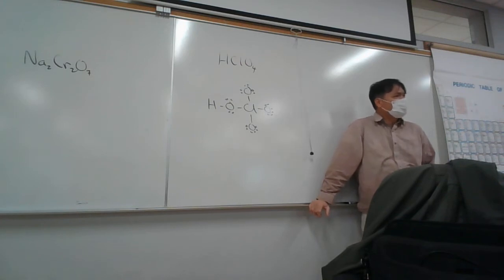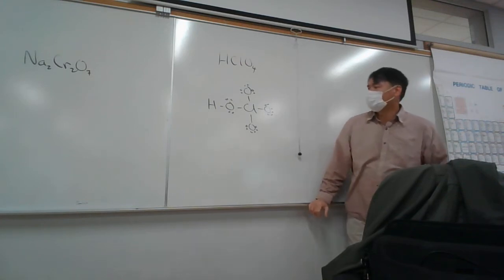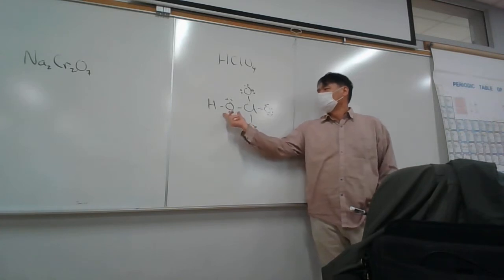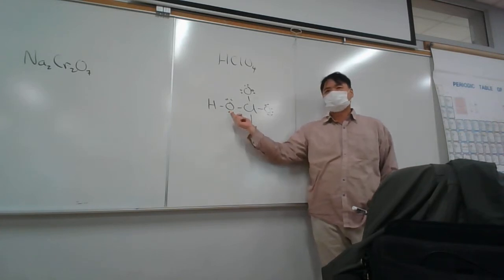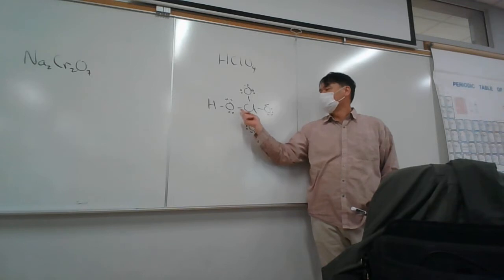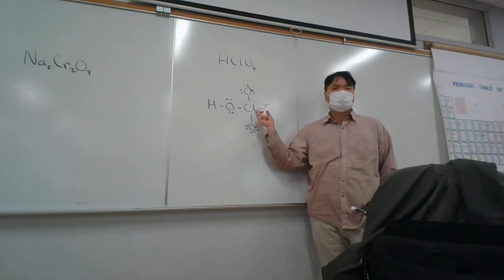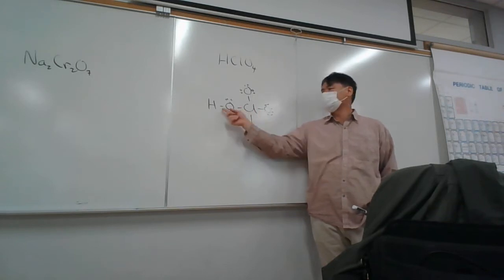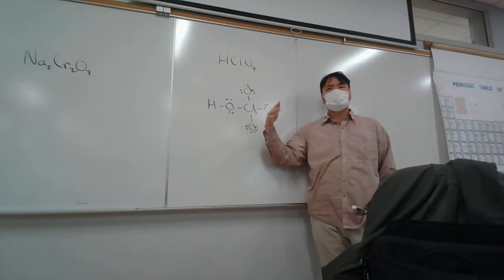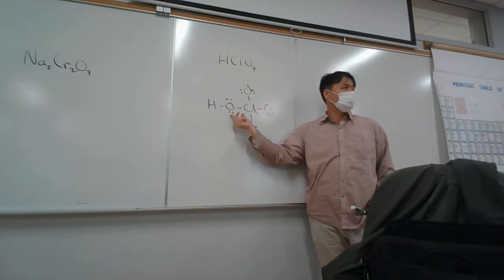But the oxidation state is counted a little bit differently. It's winner take all. So who wins? Hydrogen versus oxygen. Who wins? Oxygen versus chlorine. Oxygen wins all these. 2, 4, 6, 8. It contributed 6. It's minus 2.